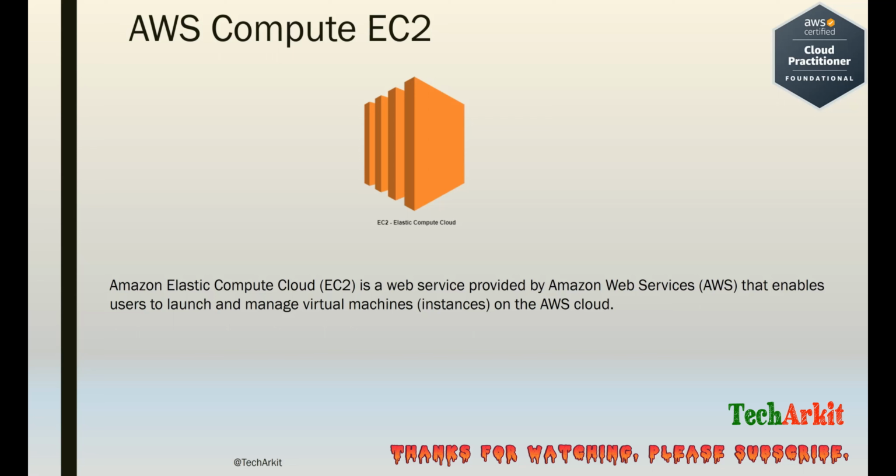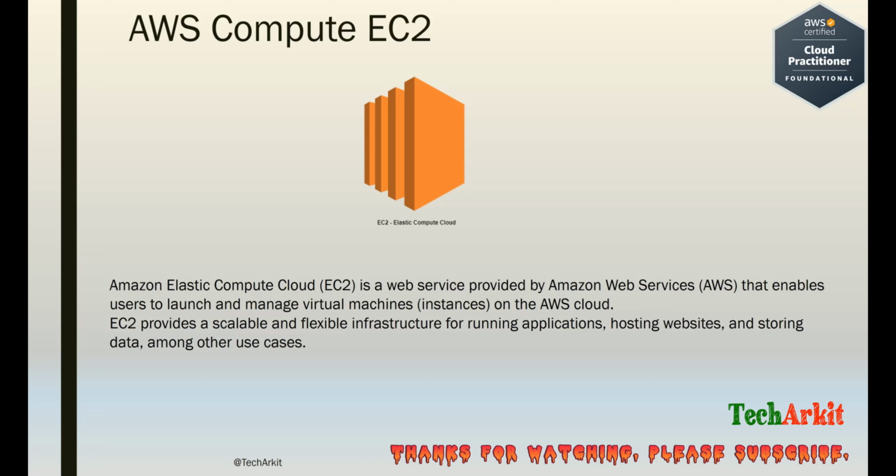Amazon Elastic Compute Cloud, EC2, is a web service provided by Amazon Web Services that enables users to launch and manage virtual machines, which are called instances, on the AWS cloud. So you can launch virtual machines using this EC2 service.